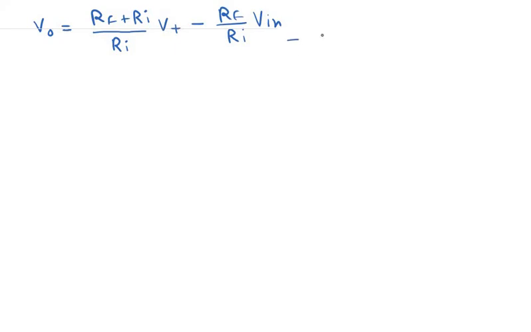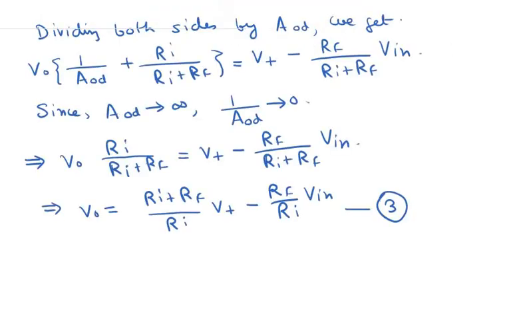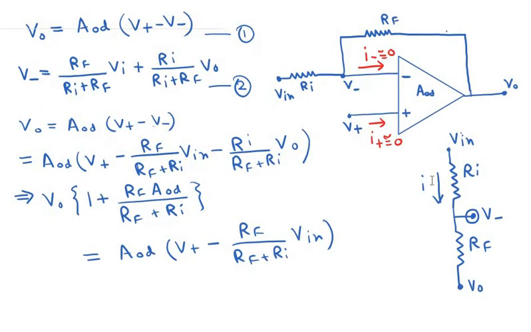Okay, this is the equation, and we call it equation number 3. Now we go back to our equation number 2 to find out the value of V minus. So let us see what equation number 2 was. Equation number 2 is this one, V minus equal to Rf divided by Ri plus Rf V in plus Ri divided by Ri plus Rf V0. So we write this equation here.